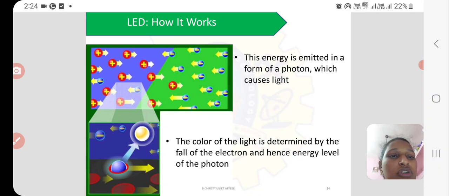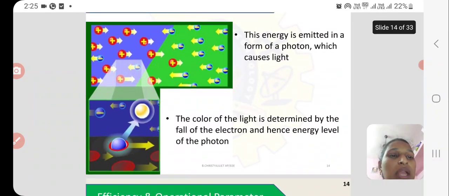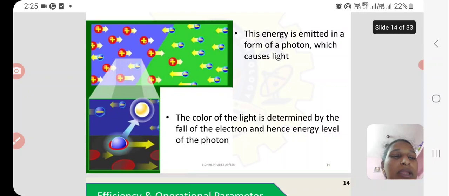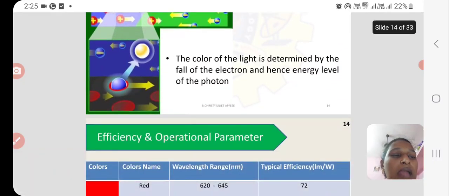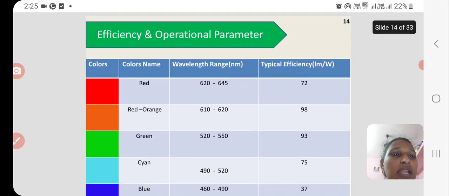So the electron that loses its energy indicates it by emitting a photon, which is nothing but a bundle of light. The color of the light is determined by the fall of the electron and hence the energy level of the photon, that is, how much it falls and what energy level. These two determine the color of the light.